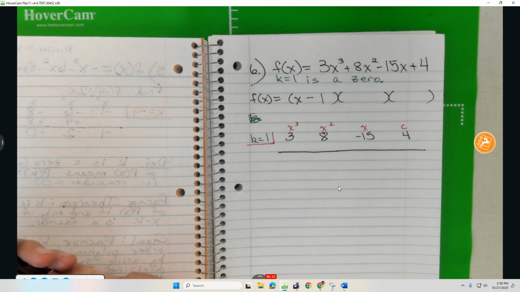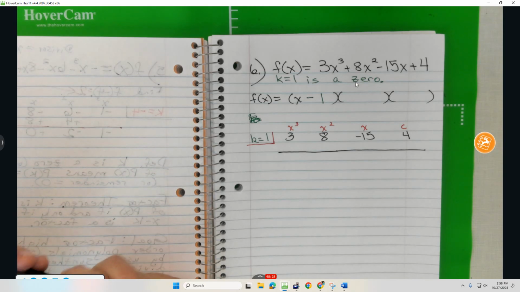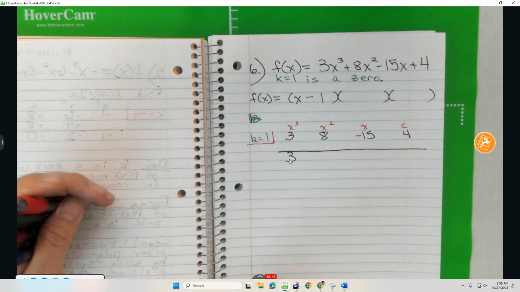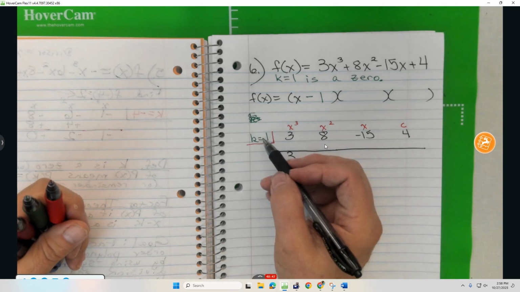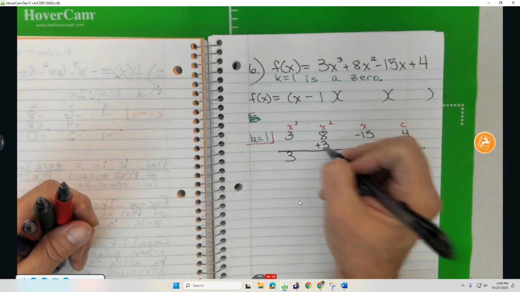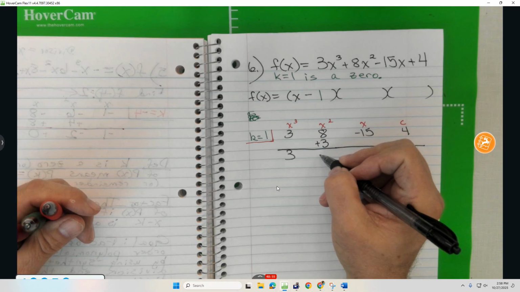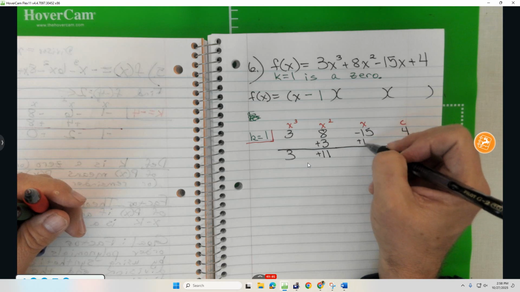So, I wonder if anyone can tell me what the remainder is going to be on this. Keep in mind it says k equals 1 is a 0. So what will the remainder be? 0. That's right. So let's get started. We bring down the 3, and then 3 times 1 gives me a positive 3. 8 plus 3 gives me 11, times 1, still gives me a positive 11.